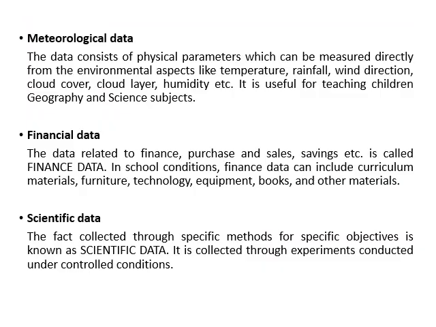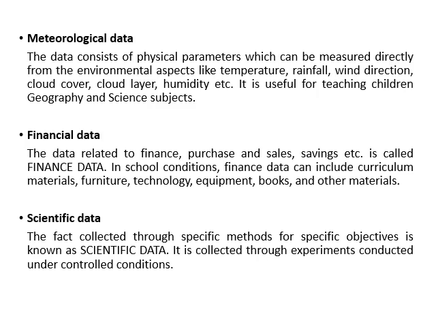Next is meteorological data. The data consists of physical parameters which can be measured directly from the environment, aspects like temperature, rainfall, wind direction, cloud cover, cloud layer, humidity, etc. It is useful for teaching children geography and science subjects. Financial data.